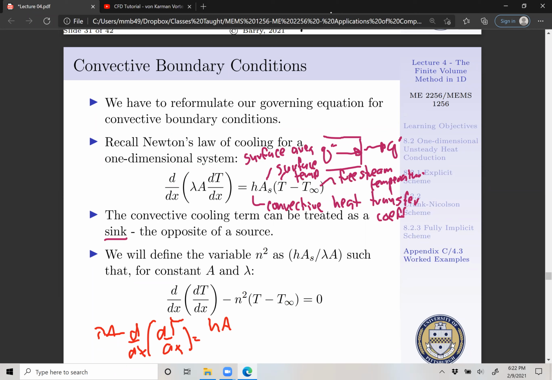So we have hAS (T minus T infinite). We're going to take this lambda A, put it over here, and we can define this variable. Versteeg defines it as n squared. You could call it n, or whatever variable you want.